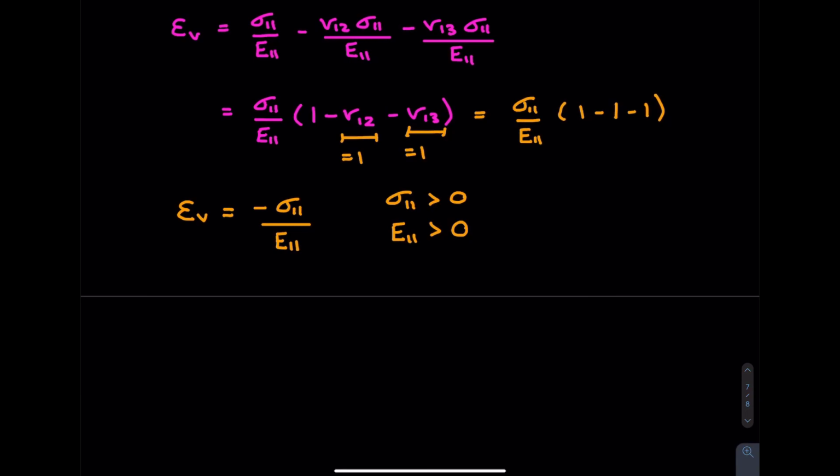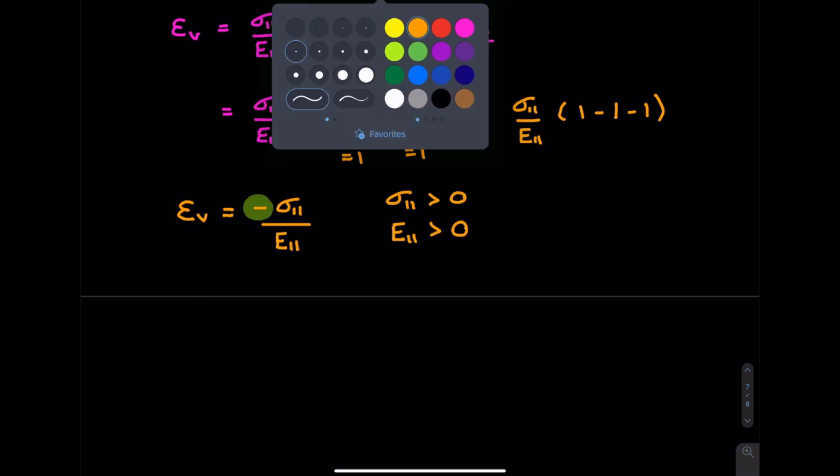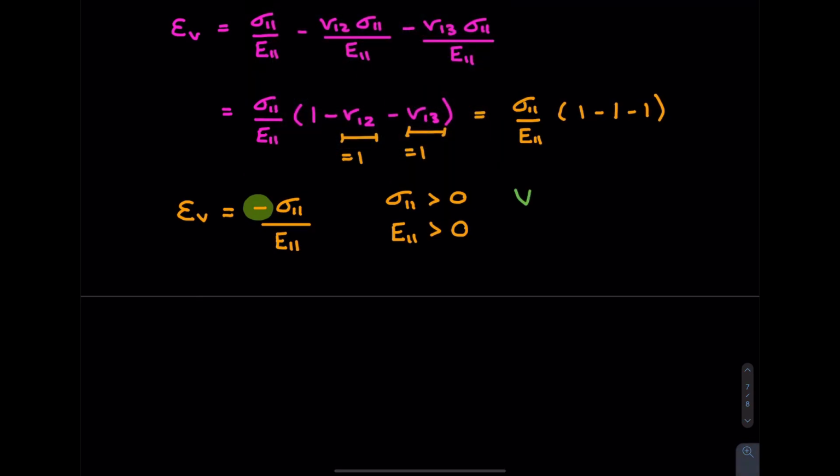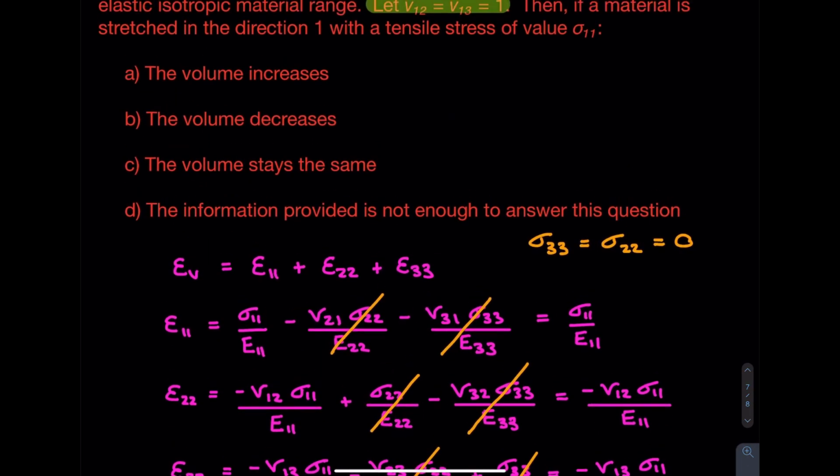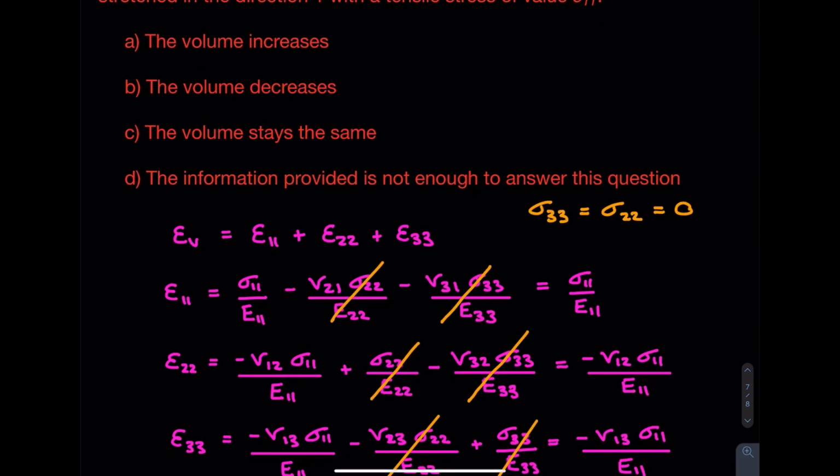So if those two values are always going to be positive, well, then this negative out in front will always ensure that my volumetric strain will be always negative, and therefore the volume will be decreasing. So negative, therefore in this particular case, the volume is decreasing. So I'm going to come down here. Oh, part B, that's my exact answer. The volume is decreasing, so I'm going to circle this.